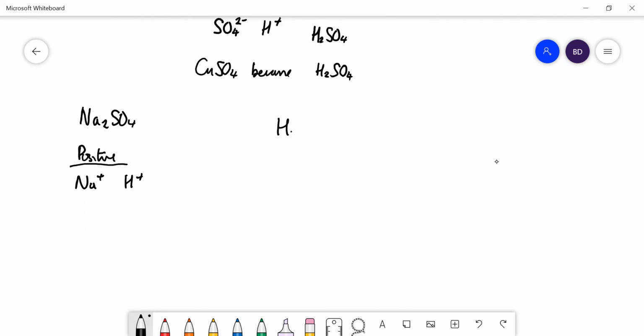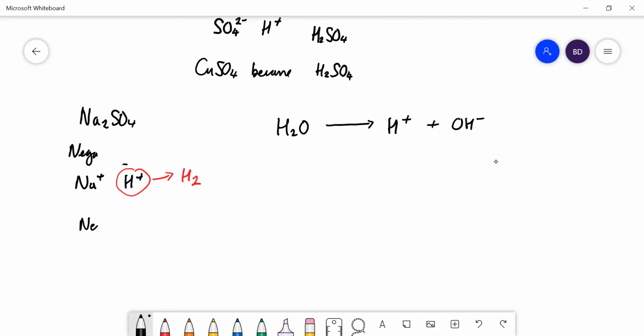Let's remind ourselves, H2O is going to split up to form H plus and OH minus. So we're going to lose those H plus ions. They're going to form hydrogen gas. The sodium ions will be left in solution. That's at the negative electrode.